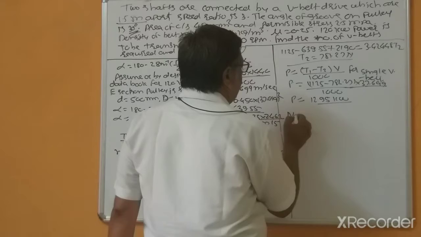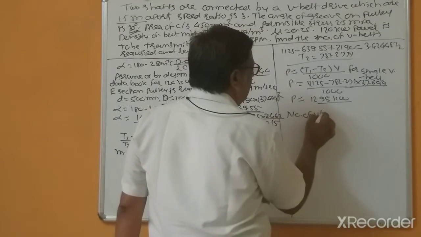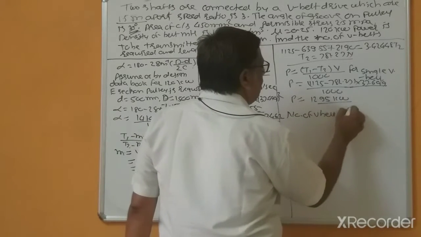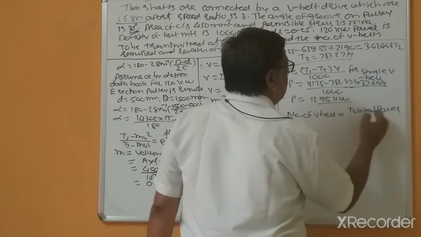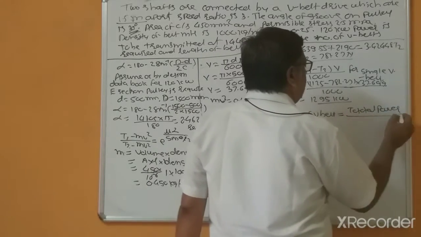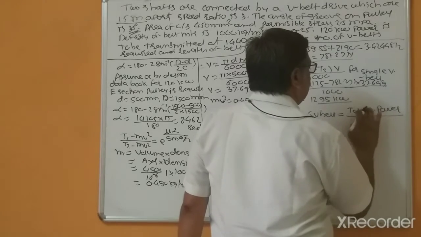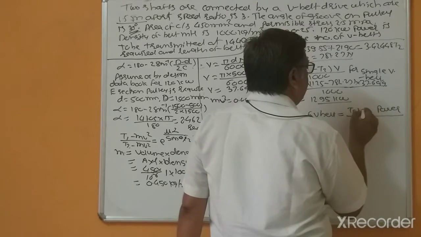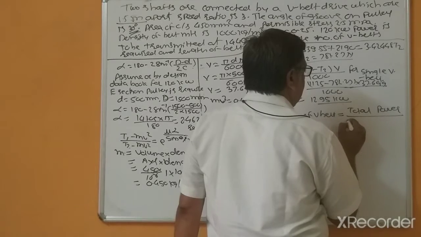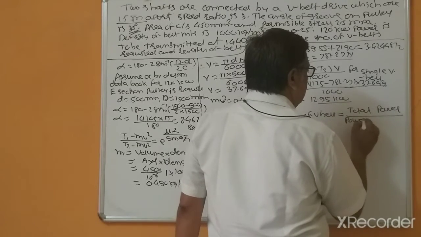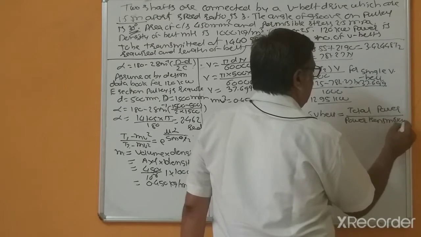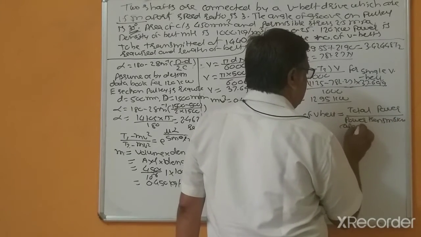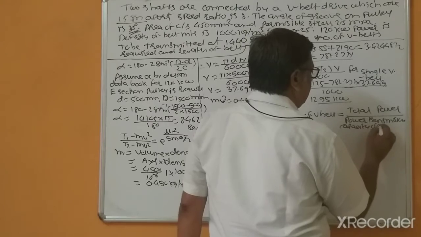So number of V belts equal to total power divided by power transmission capacity of a single belt.